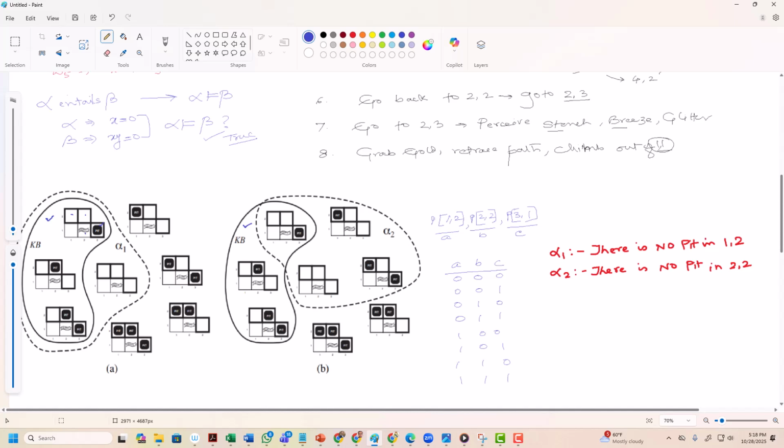Each of these 3 squares might or might not contain a pit. So for the purpose of this particular example, there are 2 to the power 3 equal to 8 possible models. We have already discussed this.